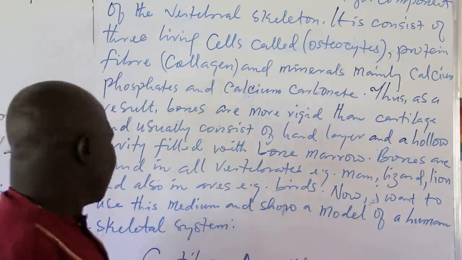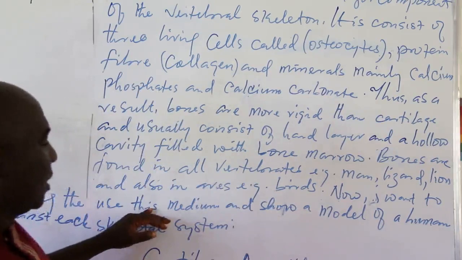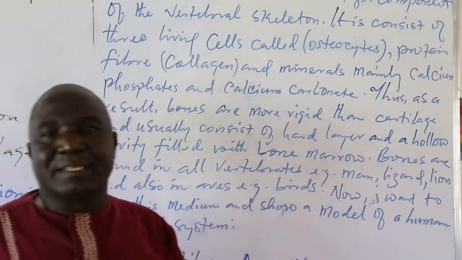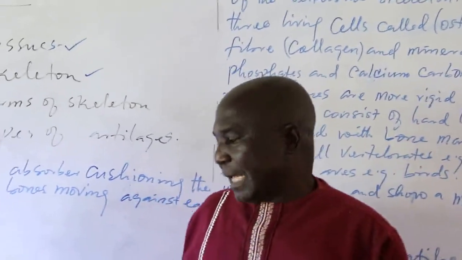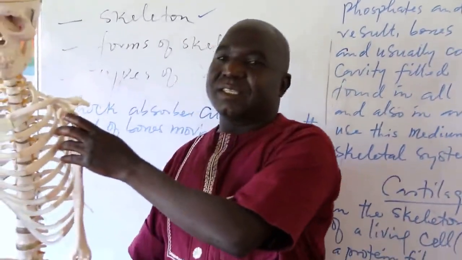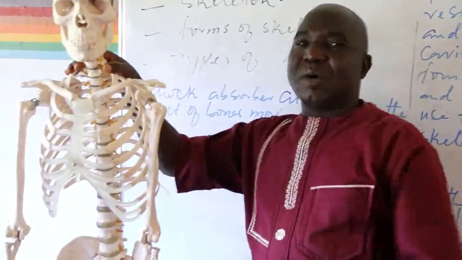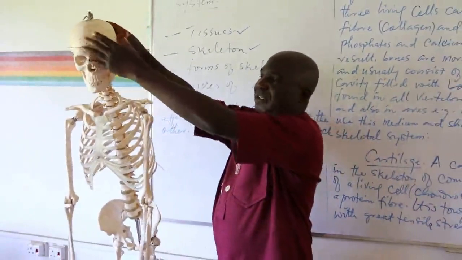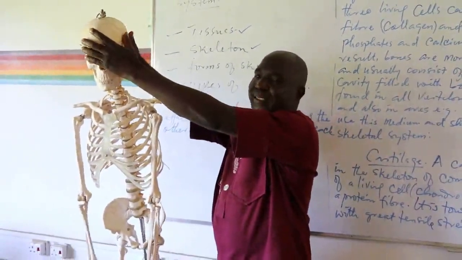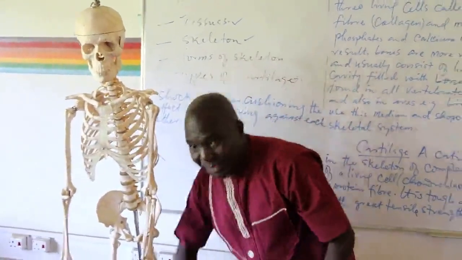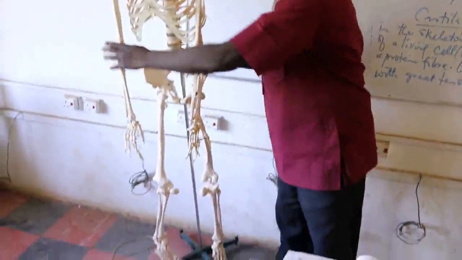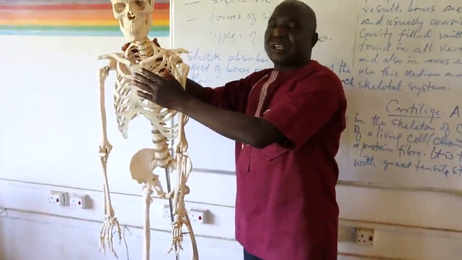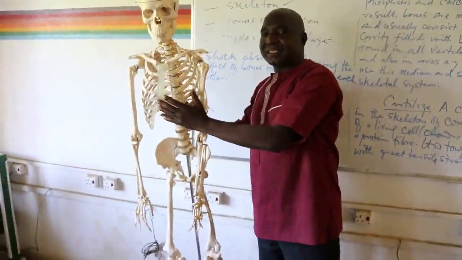Now, I want to use this medium to show a model of the skeletal system. The model that I will show is the human skeletal system. The whole of this, from here, which is the head, right down to the legs here, and the limbs here, is what we refer to as the skeletal system.